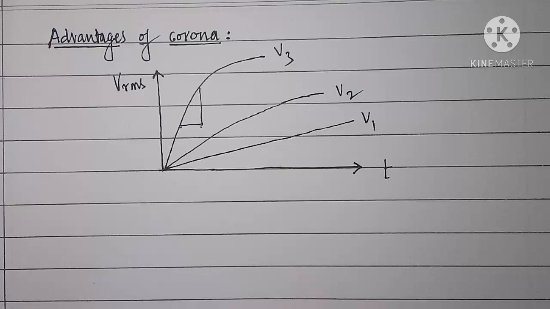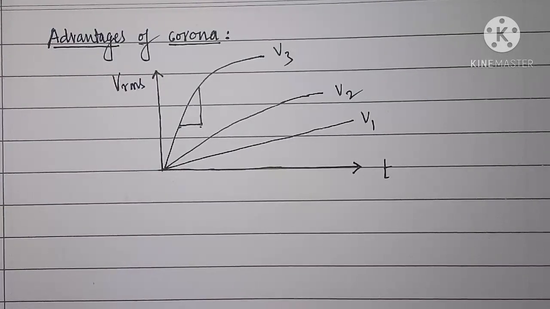The corona works in the way the safety valve in a cooker works. That is, in the event of high voltage steep waves due to switching or lightning surges, the corona occurs and the energy in the lightning surges and switching surges gets dissipated in the surrounding air.